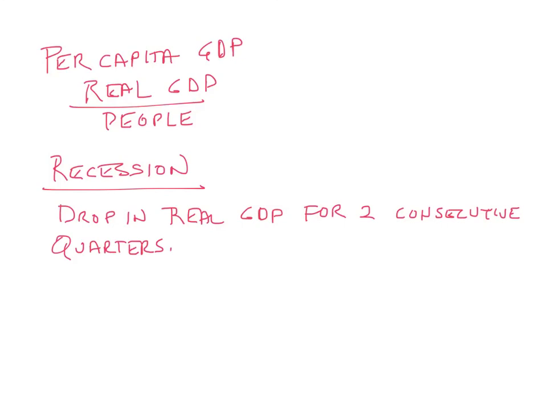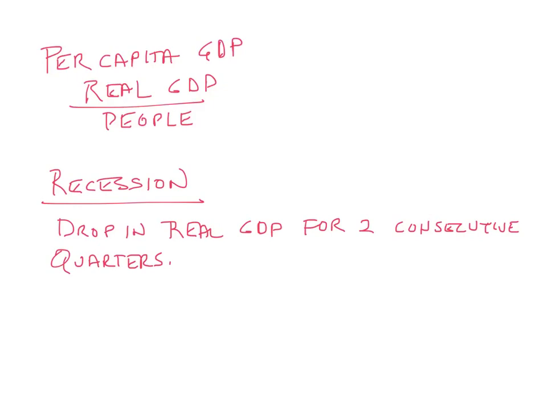So this is the Business Cycle Dating Committee. They get together and look at the data and decide when the recession has begun and when the recession has ended.